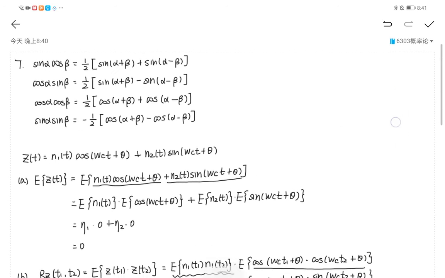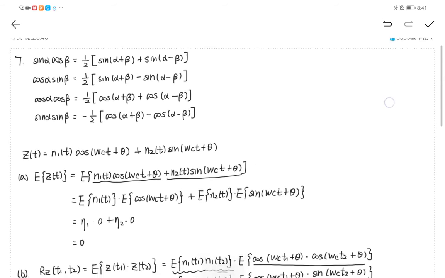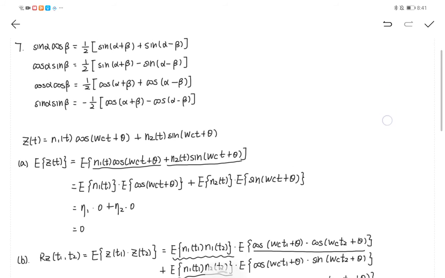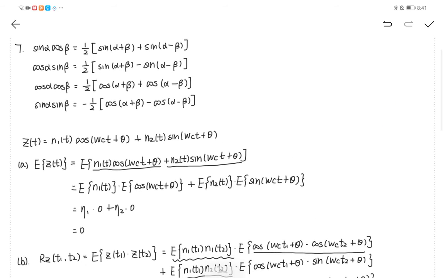Now we must use the formulas we wrote on the board. So cosine(omega_c t1 plus theta) multiplied by cosine(omega_c t2 plus theta) might use this formula.